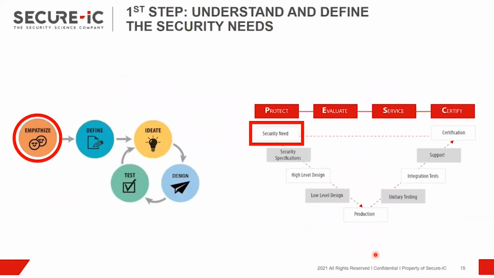So this methodology is ensured in several steps. The first one is to understand and define the security needs. The idea here is to detect what the potential threats on the system can be, and what the targeted security certification is, if any, of course.